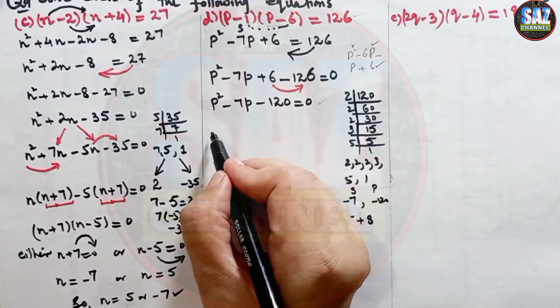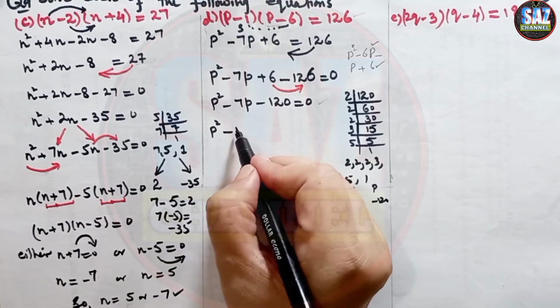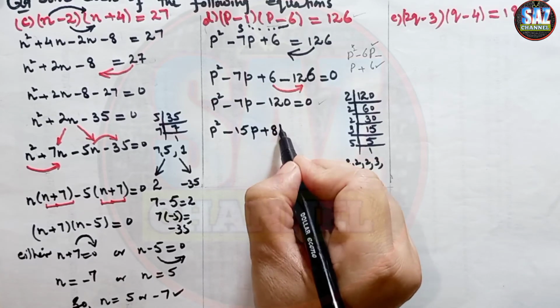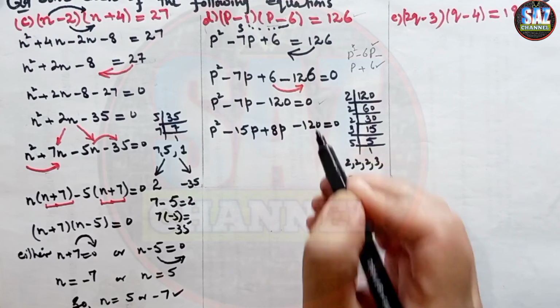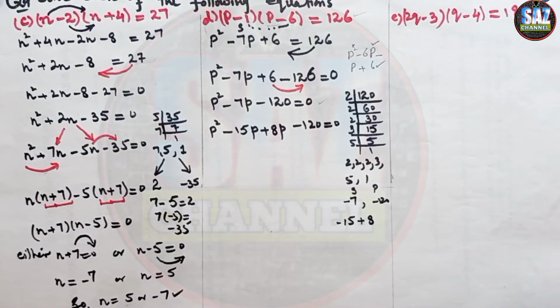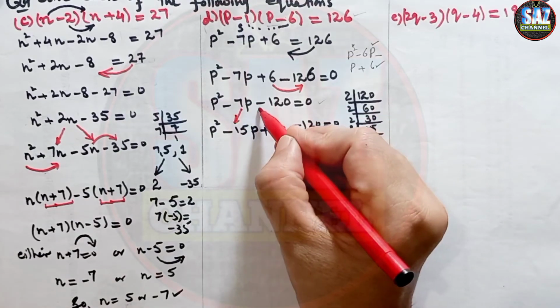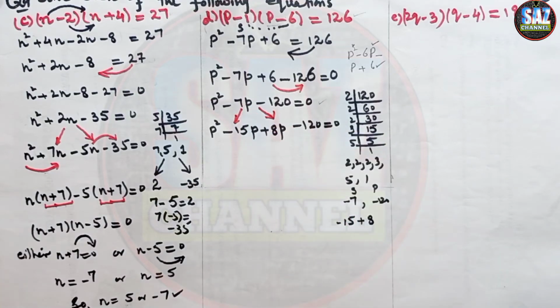So the middle term can split in this way: p square minus 15p plus 8p minus 120 equals to 0. You can see that we are breaking the middle term in two parts. Okay, minus 15 and 8 is the other way of writing minus 7.